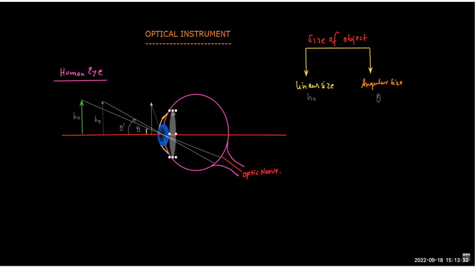So we have the eye lens, a jelly-like structure, and this eye lens is attached to some muscles called ciliary muscles. What is the role of the ciliary muscles? The role is to change the shape of the human eye lens. So it can stretch it, it can compress it.